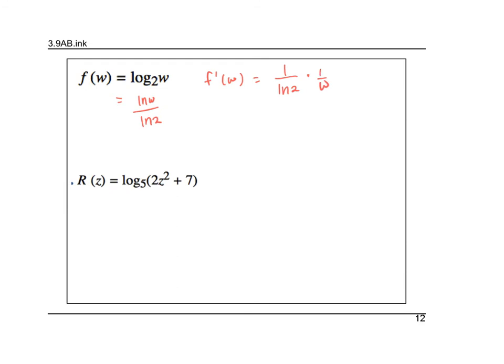The second one, which is a little bit more complicated, we first would write it as ln of 2z squared plus 7 divided by ln 5. So when I derive this, the 1 over ln 5 pulls out, and then I have a u prime over u. So the inside is 4z, inside prime, and the original inside stays in the denominator.